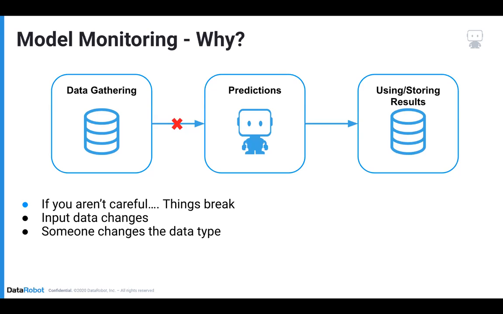Somebody decided to, instead of using all lowercase, change the feature name to camel case. Or instead of using the word Illinois, they decided to use the postal code for Illinois. They didn't tell you, but just decided to shove that data into your model. And of course, it's going to break.